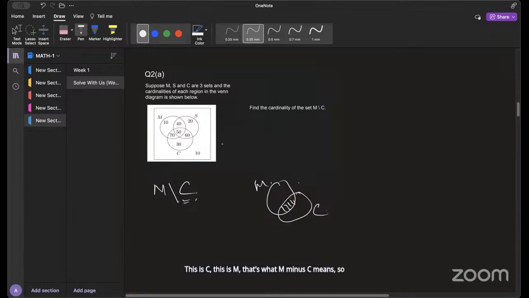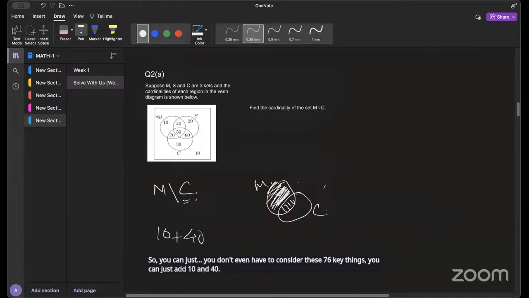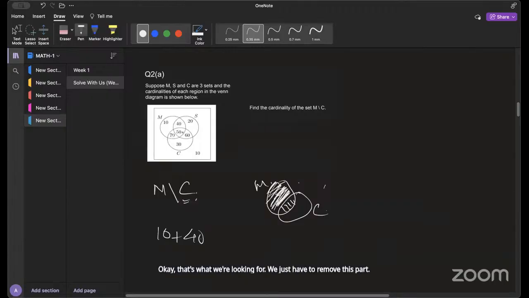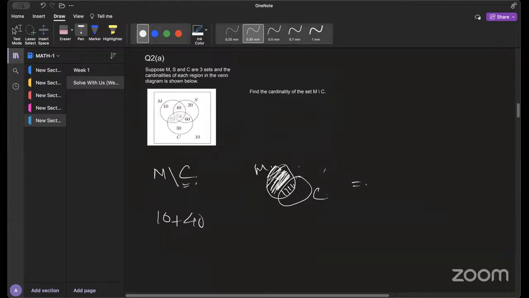So you have to find the cardinality of this part. You don't even have to consider these 70, 50 things. You can just add 10 and 40 because that's what we're looking for. We just have to remove this part. It's a pretty simple question.